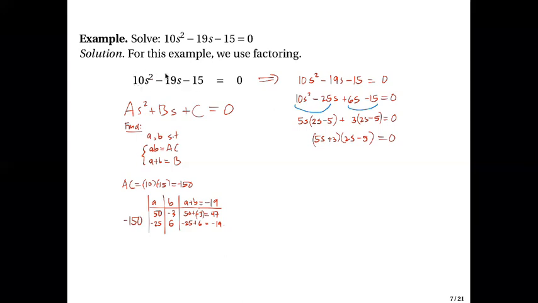So try to practice something similar to this. The coefficient of s squared here is not equal to 1. So you have this factored form, 5s plus 3 times 2s minus 5 on the left hand side, and on the right hand side that's equal to 0.